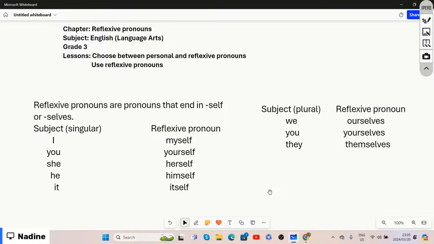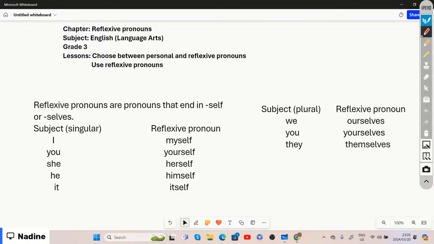All right, so a reflexive pronoun, right? Reflexive pronouns are pronouns that end in self or selves.